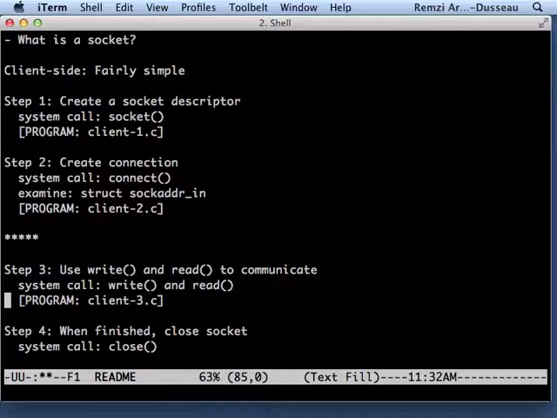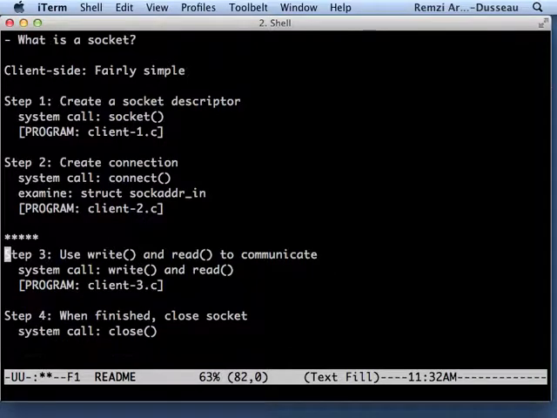Was it created by a socket call, or was it created by an open call to open a file? So that's a little bit unusual, but that's how Unix works. And then, of course, when you're all done, you call close on that socket, and then you're all done. Though you don't have to do that for a long time. Your TCP connection can be very long-lasting, though a lot of times it isn't. We'll talk about that too. Okay, so any questions about that? That kind of makes sense?